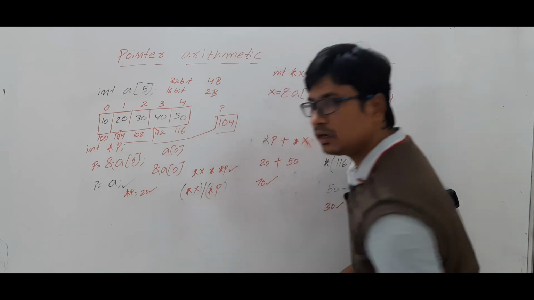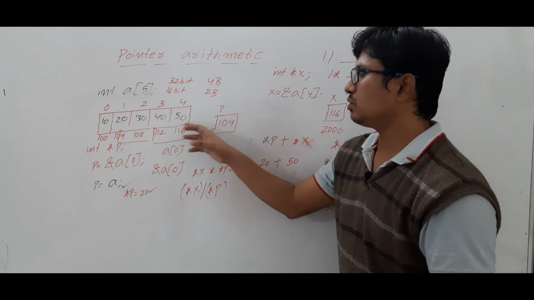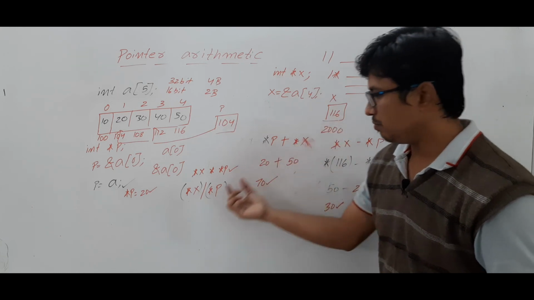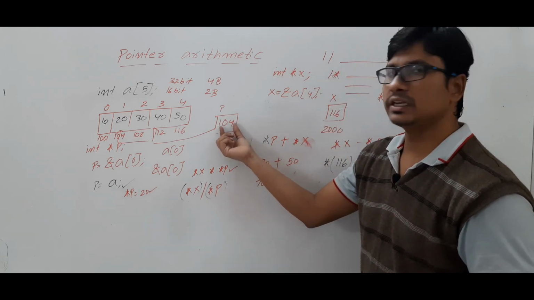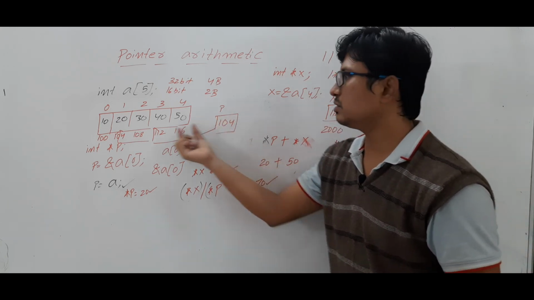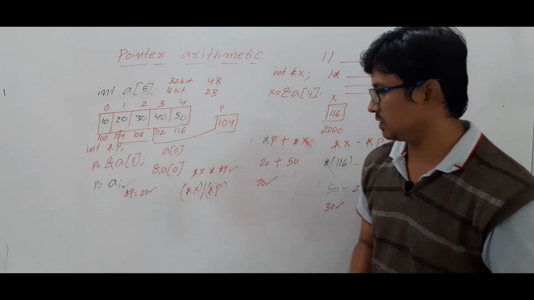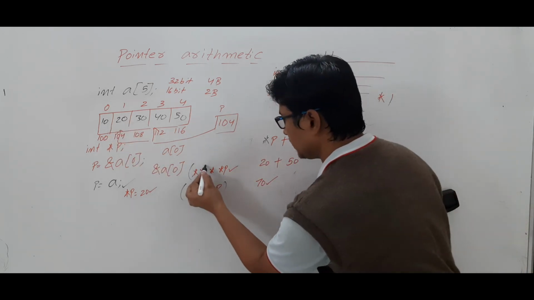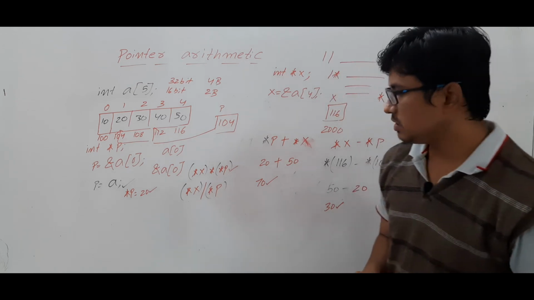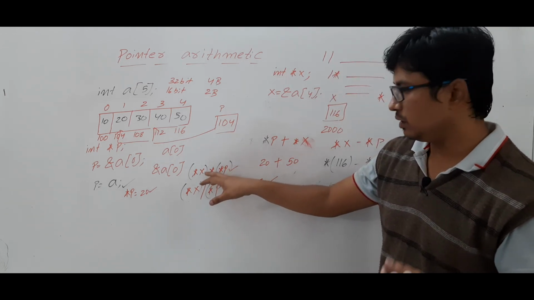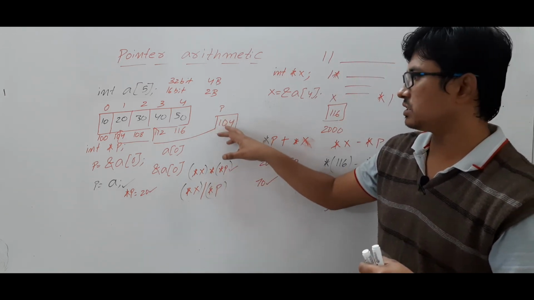Then whatever value is there at address location 116 divided by whatever value is there at the address location of p, that is 104, 50 by 20, that division will be performed. So that's why it is better you write like this. So these are allowed, meaning the values in the memory locations, not the addresses.